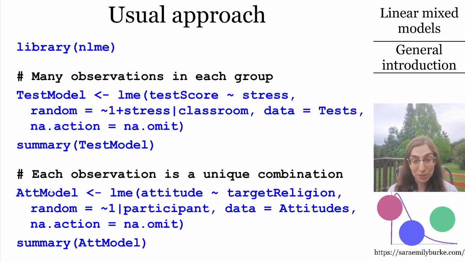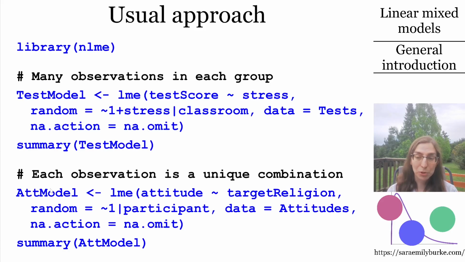In cases like this, it is common to be unable to include a random slope because I'm interested in explicitly comparing every single target group within my fixed effects. There is only one unique observation per participant for each target group, no room to quantify extra variability.